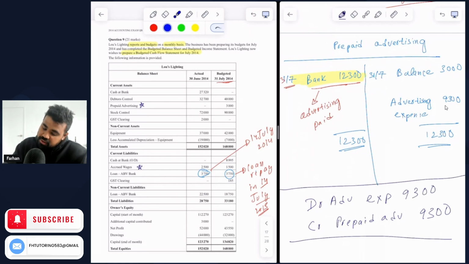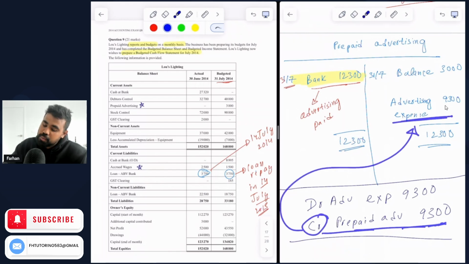So that is why, as you can see here, prepaid advertising is credited because we have consumed the benefit that comes with the prepaid advertising, and therefore it has been classified as an expense. So in the credit side of the prepaid advertising account, we have included advertising expense to reflect that reduction. The reason this is on the credit side is because when assets go down, which is the prepaid advertising, we credit them. That is why we are doing this.